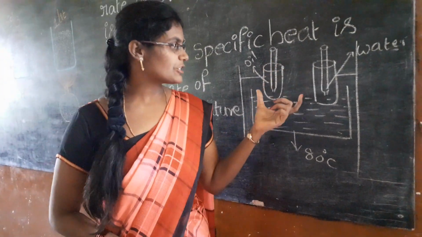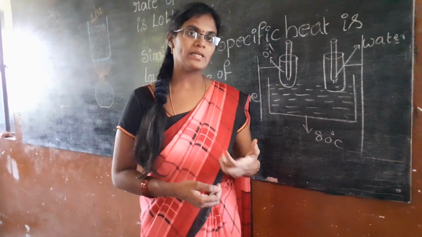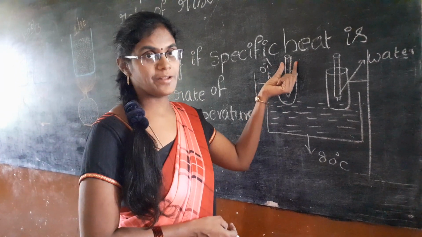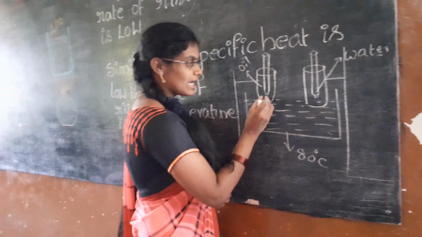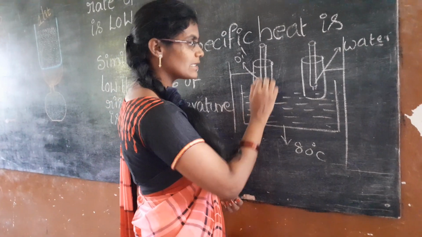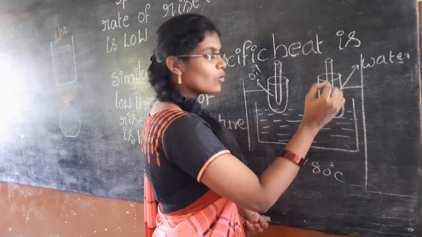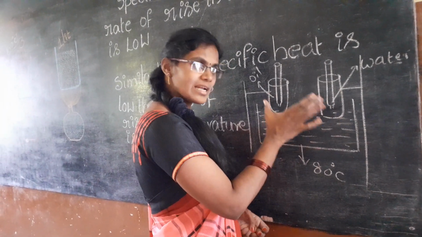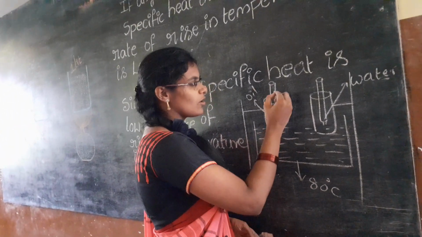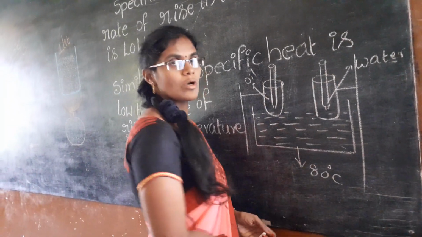Initially the temperature of oil and water is room temperature only. But after 2 or 3 minutes, what did we observe, ma'am? The rate of rise in temperature in oil is high. Means the temperature rises faster in oil than in water. The rate of rise in temperature is low in water. In both cases, the temperature is rising, but the rate is varying. So here the oil temperature increases faster than water.